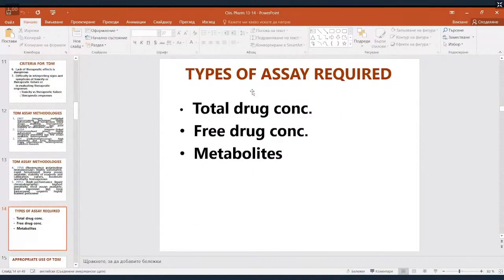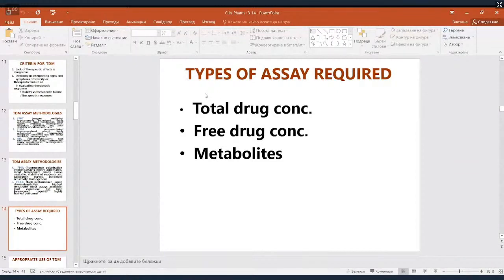Some of the assays measure the total drug concentration. Some of them measure the free drug concentration. And what do we mean by free drug concentration? You know that some drugs are bound to proteins, and some drugs have also free molecules, and it depends on which kind of assay you are going to choose, but mostly the effective concentration of the drug is measured.